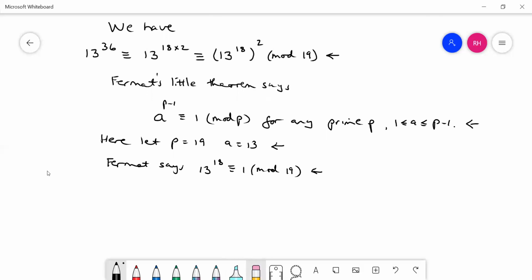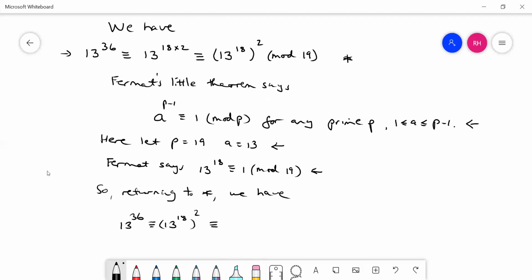So let me just call this star. So now returning to star, what do we have? Well, we have the 13 to the 36, which is this bit over here. So I go across here to 13 to the 18 squared.